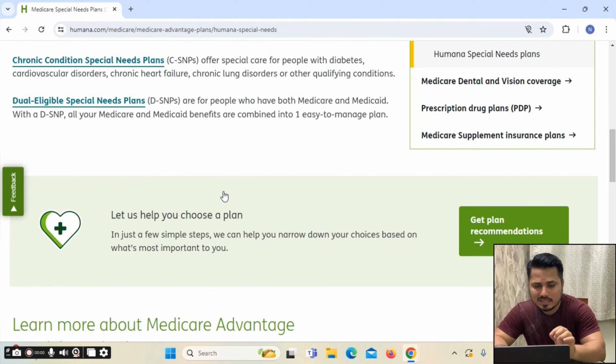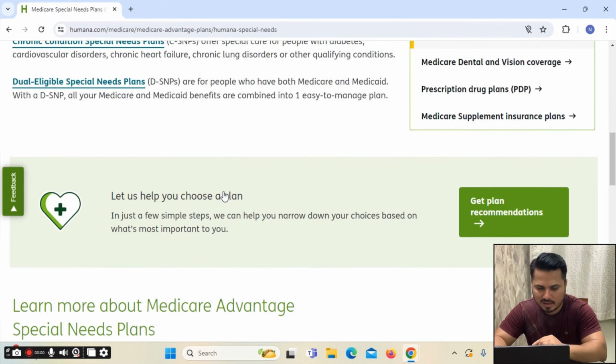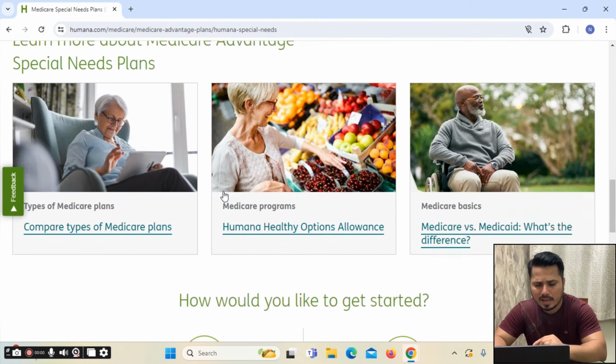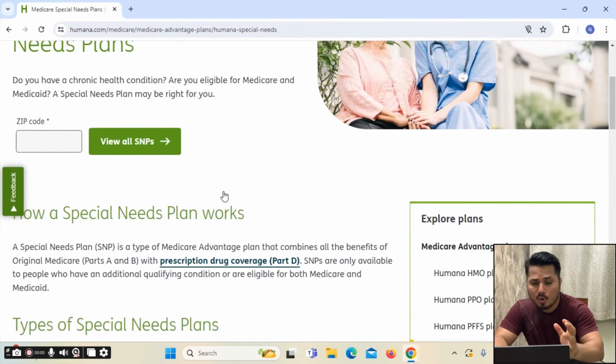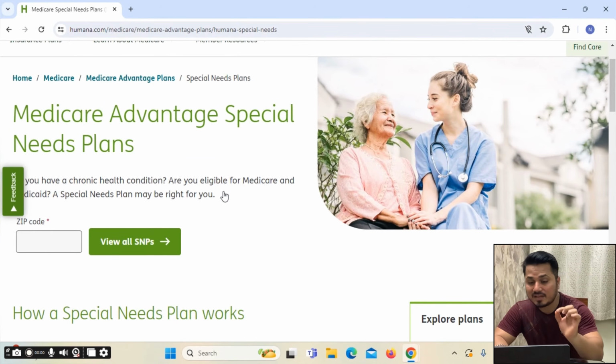With a DSNP, all your Medicare and Medicaid benefits are combined into one easy to manage plan, guys. So now we got to know about the Medicare Advantage special needs plans, guys.